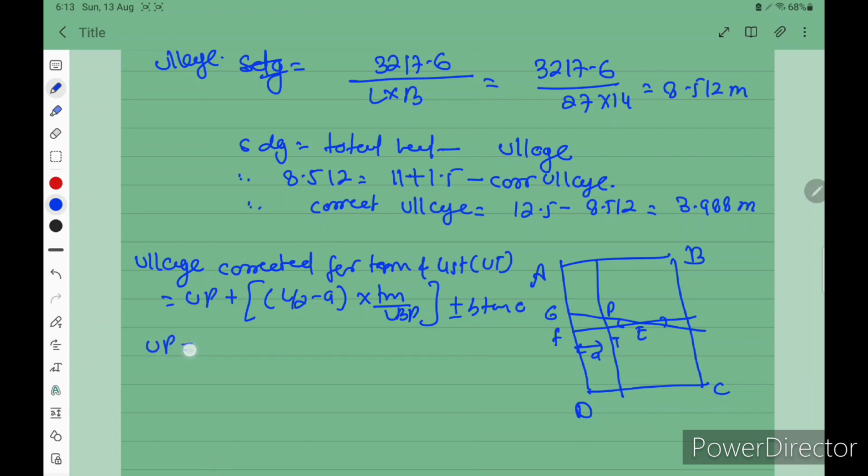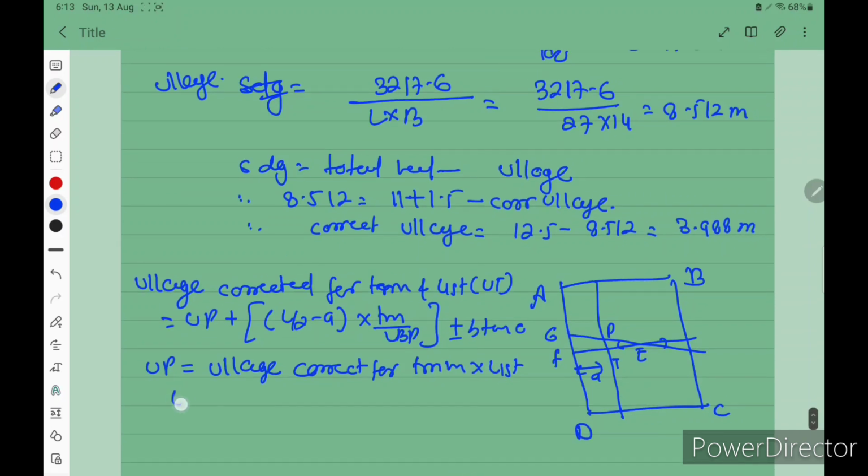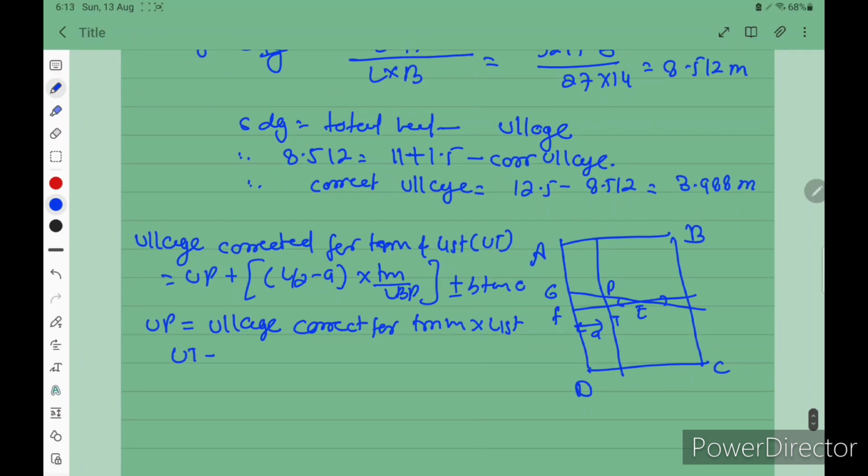So UP is equal to the ullage corrected for trim and list, UT, minus L by 2 minus A into trim by LBP plus B into tan theta.